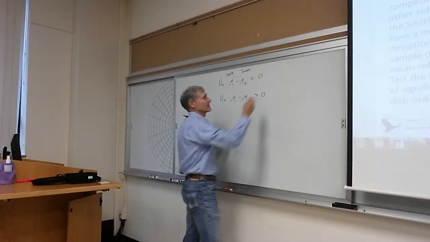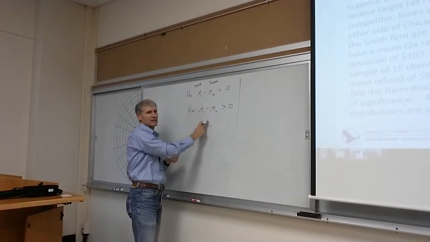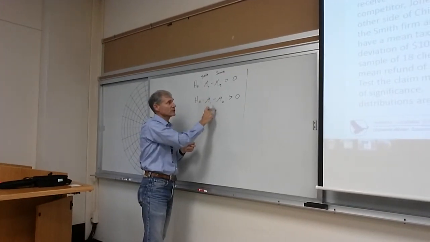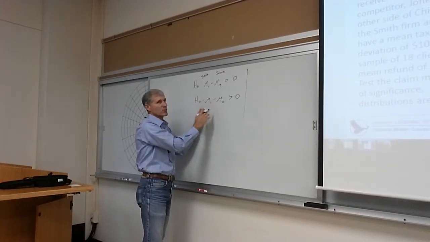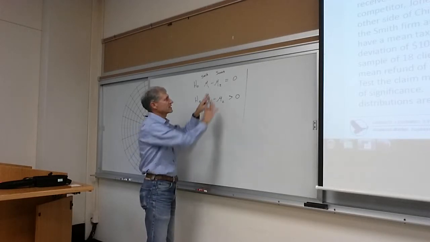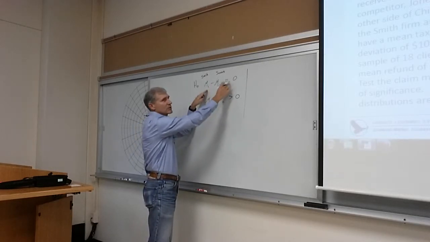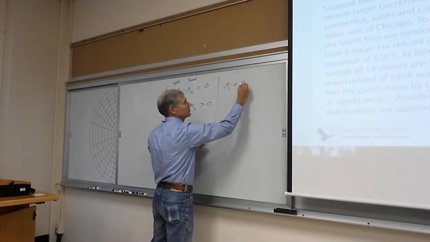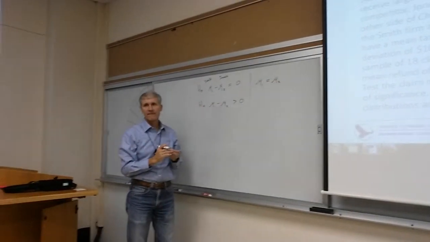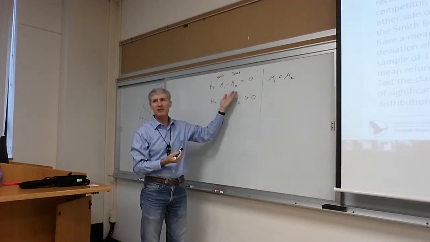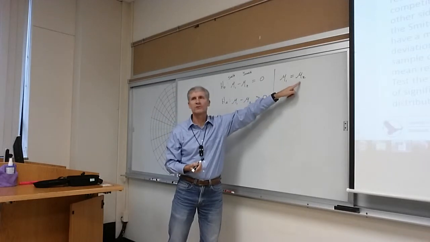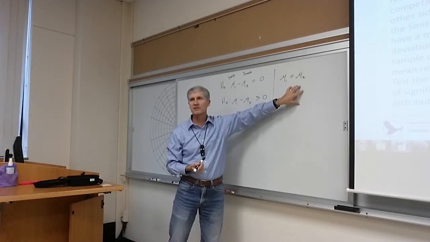Now, it helps to reformat these. This is the way the book does it, and I like this way best also because it goes along with confidence intervals. But as soon as we go to our calculator, it doesn't form it like this, difference equals 0. It forms it mu1 equal mu2. Algebraically, that's the same thing. Add mu2 to both sides, and you get mu1 equal mu2. So algebraically, this is equivalent.